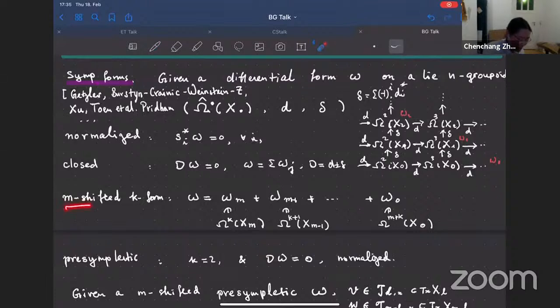An m-shifted k-form has total degree m plus k, and it consists of a k-form on X_m and a (k+1)-form on X_{m-1} until the end. And we call such an m-shifted k-form pre-symplectic if it's closed and normalized, and we need it to be a two-form. So in this way, we call it an m-shifted two-form pre-symplectic if it's normalized and closed.